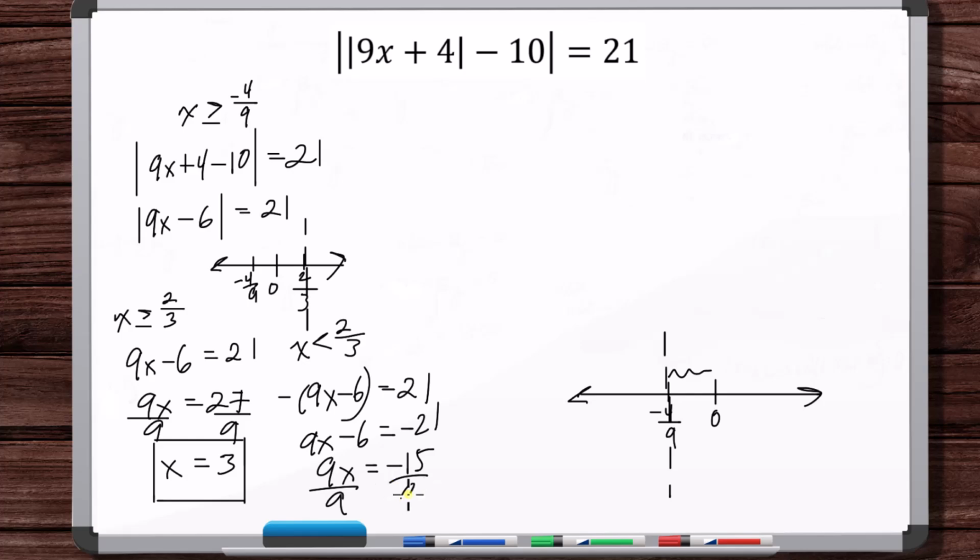Dividing both sides by 9, you get -5/3. Okay, is that less than 2/3? Yes. Okay, now is that greater than or equal to -4/9? No. So that's not a solution. Okay, so there we go.